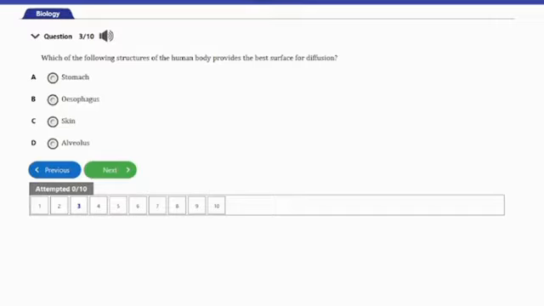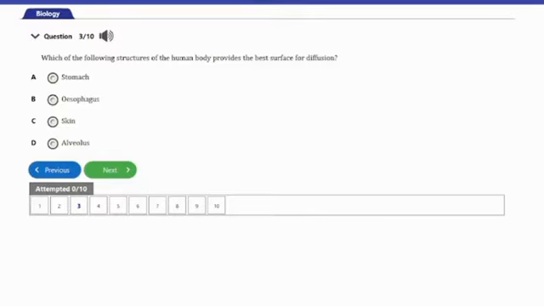So the alveolus is actually the part of the human body, or the surface in the human body, that provides the best surface for diffusion. That's because of its structure and its conformation, and that's why the alveolus allows for diffusion of air from the outside environment into the system.